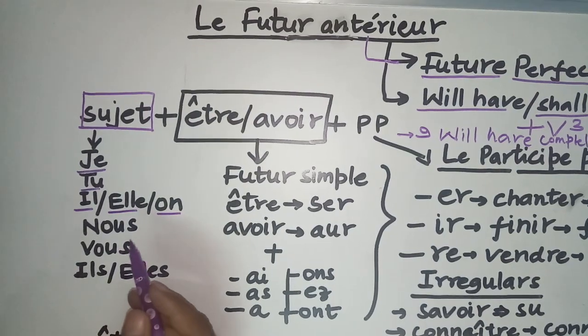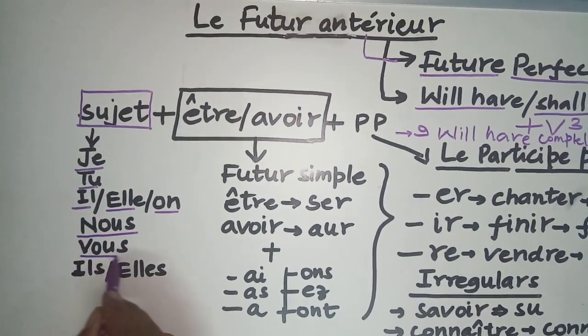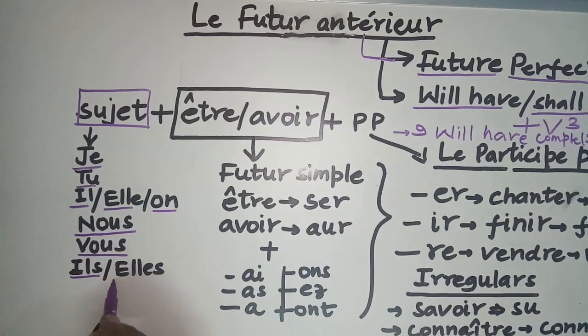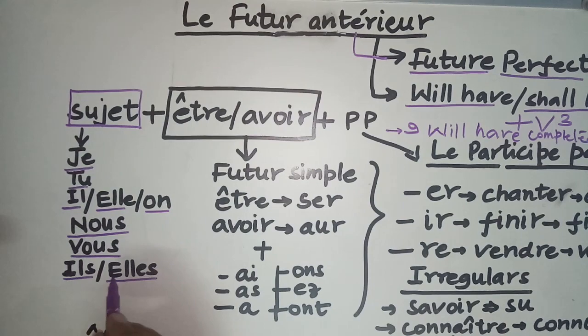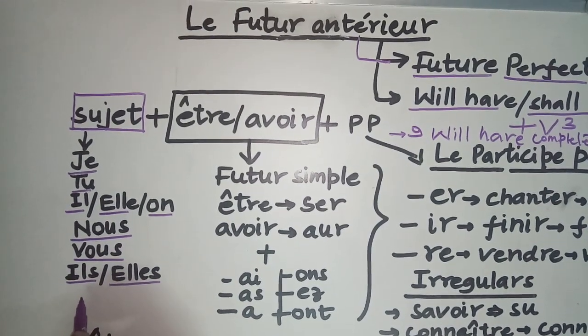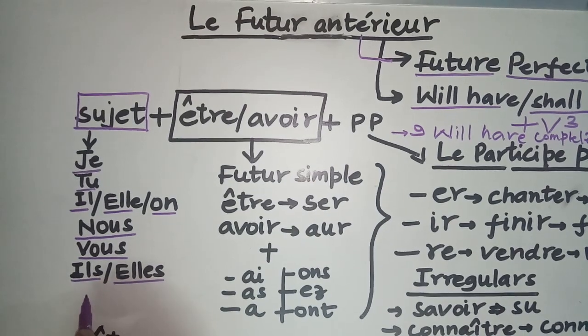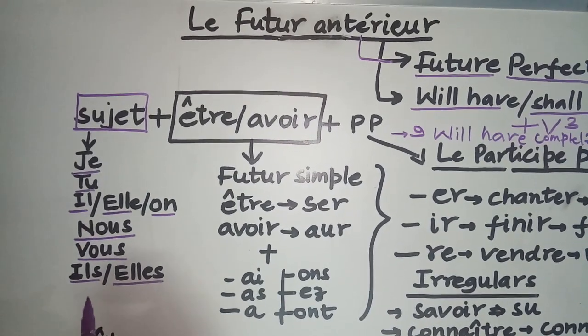I have described what they stand for: nous, vous, ils, elles. So these are the subject pronouns. We can have names singular, names plural, like two boys' names, two girls' names, one boy, one girl, and so on. We can have different subjects.